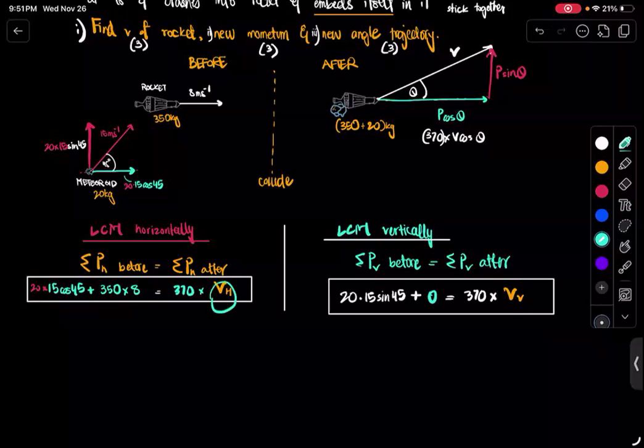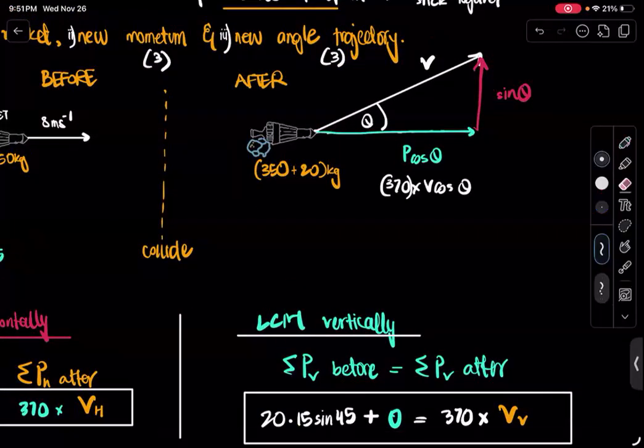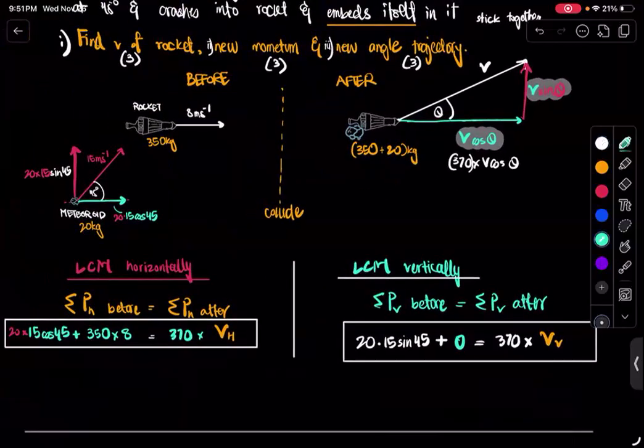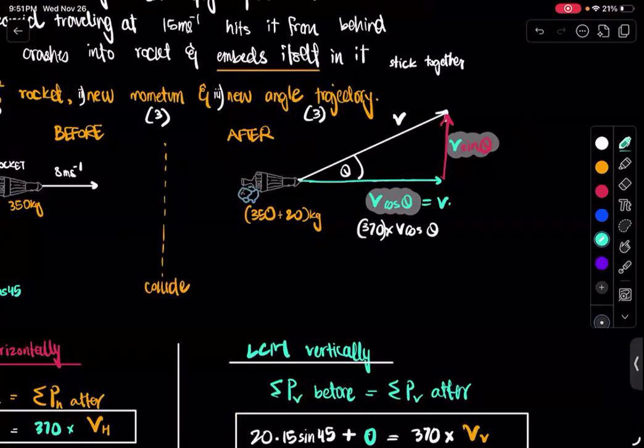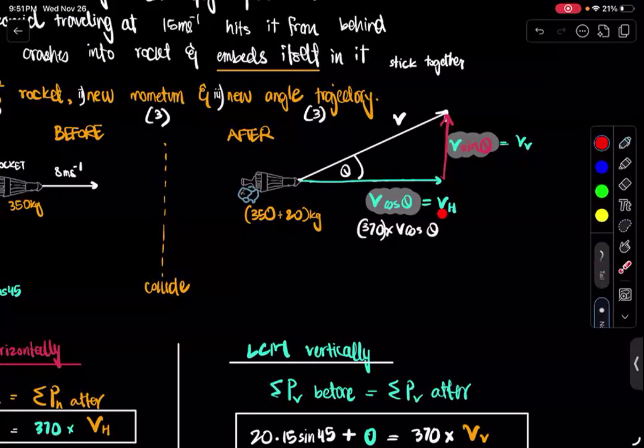Basically, what I'm trying to find out is what V sine theta and V cos theta are, because whatever that value comes out to, that will be VH. So this is VH and this is V vertical. If I had the horizontal component and the vertical component, can't I just use Pythagoras to find the actual resultant velocity?